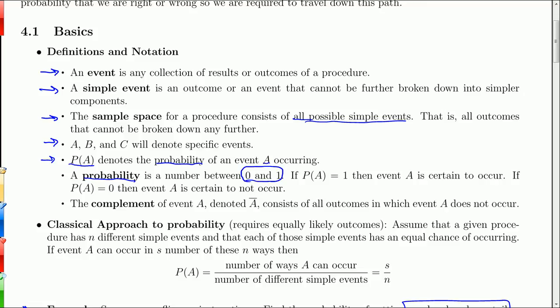It can be 0. If it is 0, then the event is certain not to occur. And if it is 1, then the event is certain to occur. The complement of event A is denoted A bar. Everything that is not A is included in A bar, so all of the simple events that don't make up A.